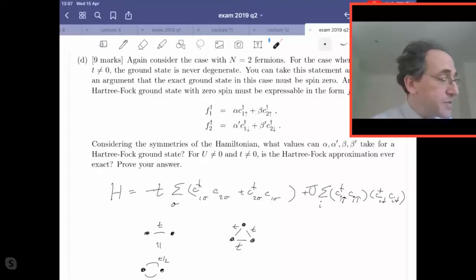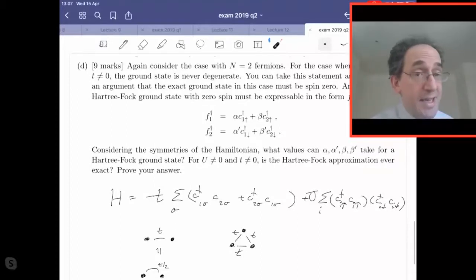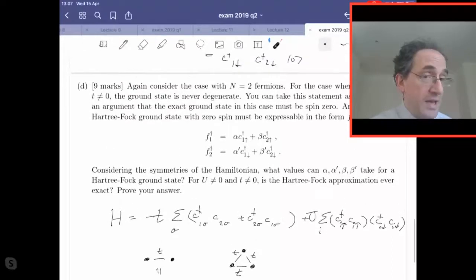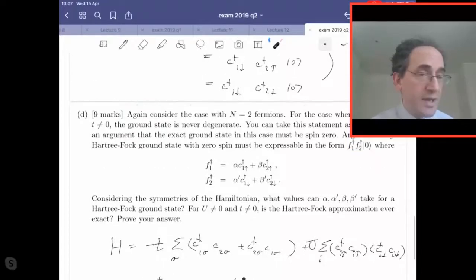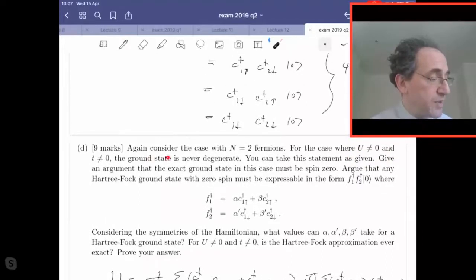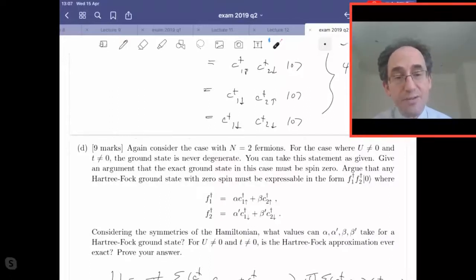That's really nice, and we could use that to our advantage. If you didn't realize this, we can still proceed. I think the question is trying to walk you through this problem in another way, by showing you various symmetries one at a time, so that eventually you figure out what the Hartree-Fock ground state is supposed to look like. But really, we should have been able to do it by inspection.